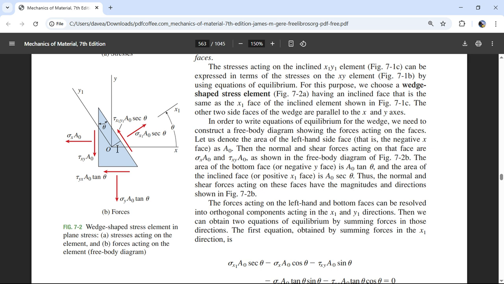And then also, if I extend this x-axis this way, I can see that this will be theta, and then this will be theta. I call this the bow tie approach, where it's good to see where this angle pops up in the easiest locations. And then from the vertical, we're also going to have this angle theta. And this line will also, if we extend the y-axis down, and we extend this y1 here, this angle will also be theta.